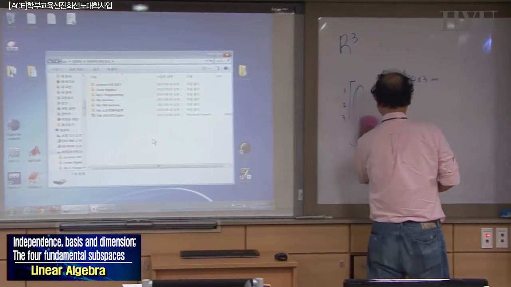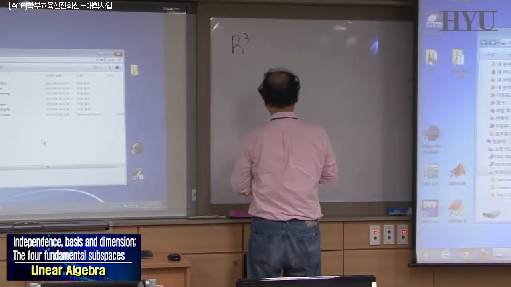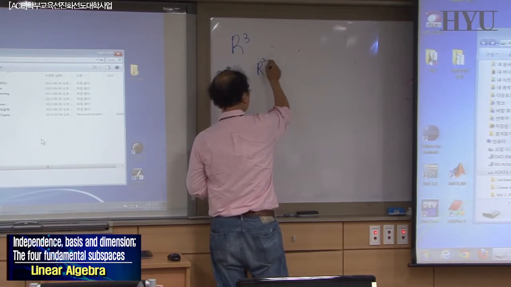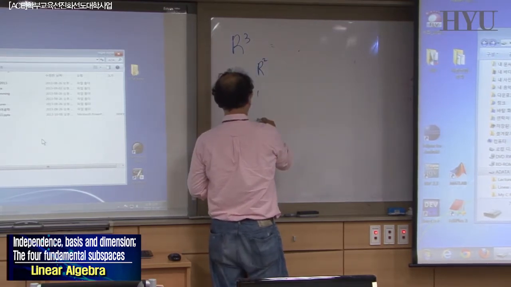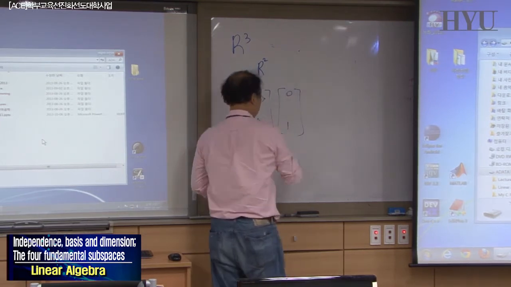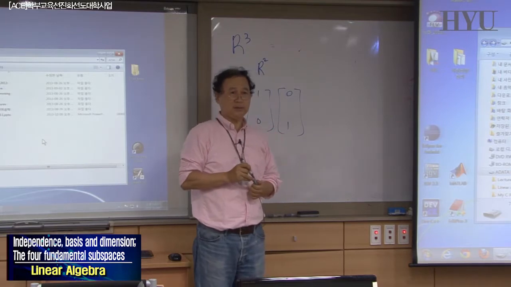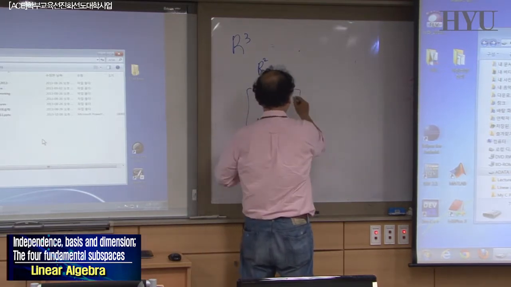Then let's think about it this way. Let me give an example. Let's say this is R2. I'll give the vectors (1, 0) and (0, 1). Are they independent? How about adding (1, 1)?